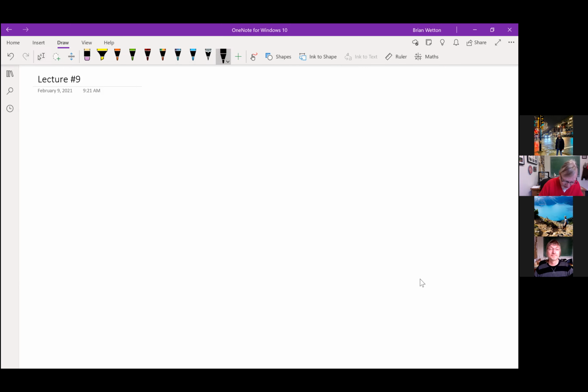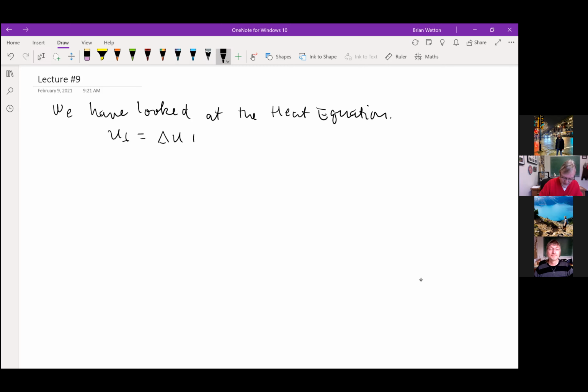So we have looked at the heat equation in one spatial dimension, and now after Thursday's lecture in more spatial dimensions, with initial conditions.